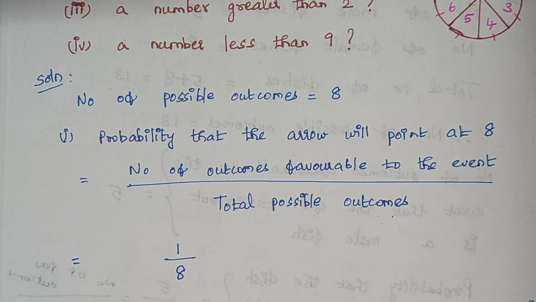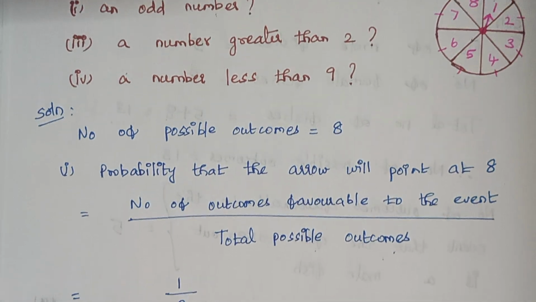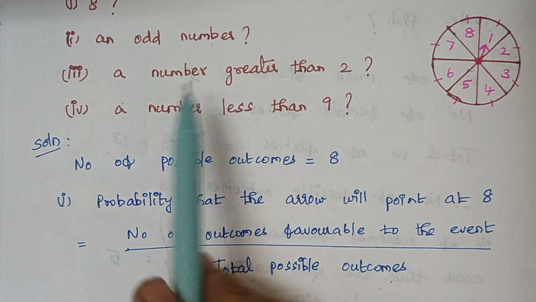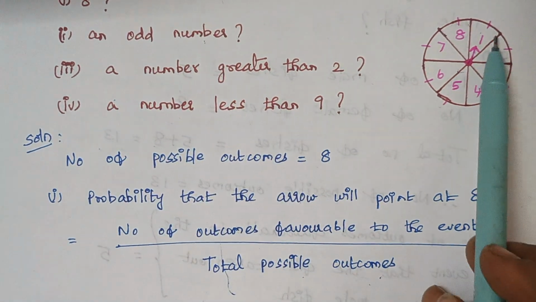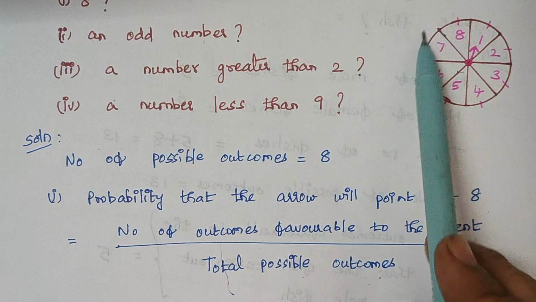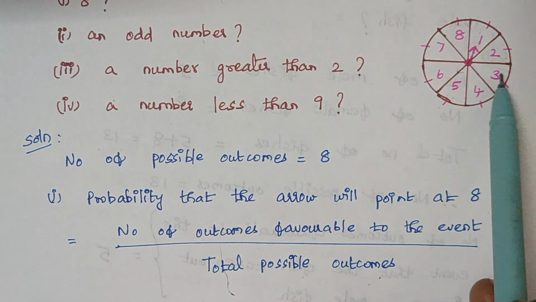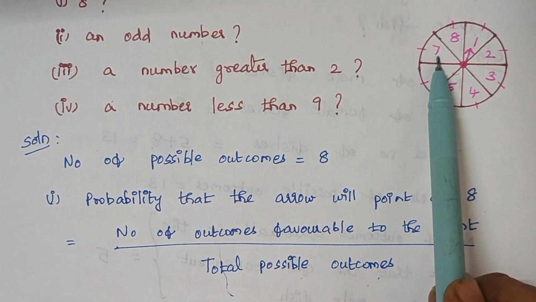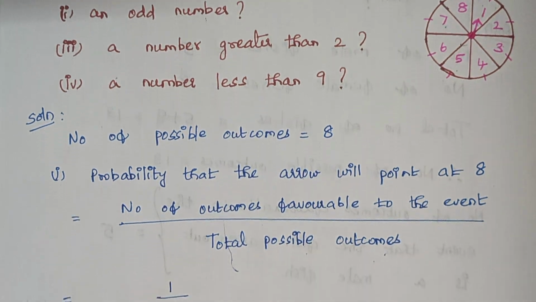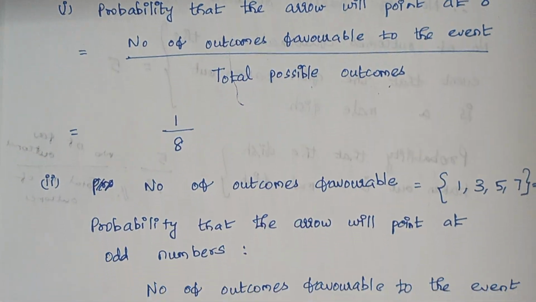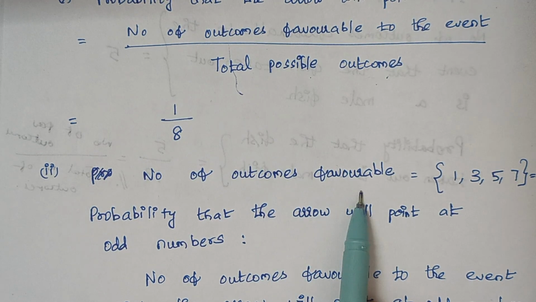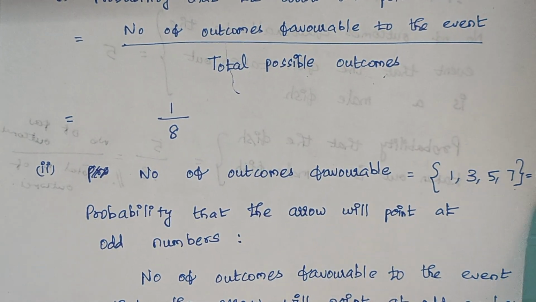Right. Now the next part is: what is the probability that the pointer will show an odd number? In this disc, how many odd numbers do we have? We have 1, 3, 5 and 7. So totally we have 4 odd numbers. The number of favorable outcomes is 1, 3, 5, 7, which is 4.